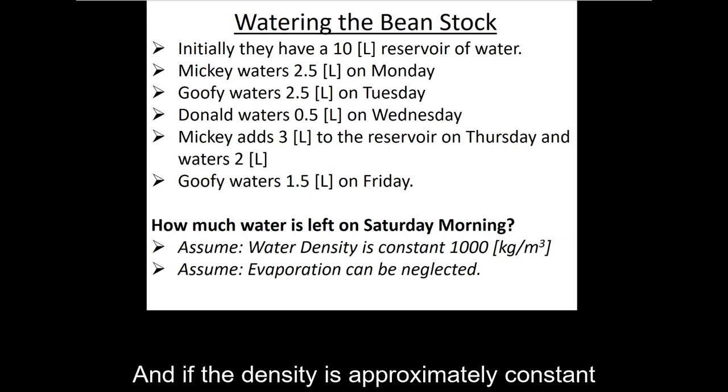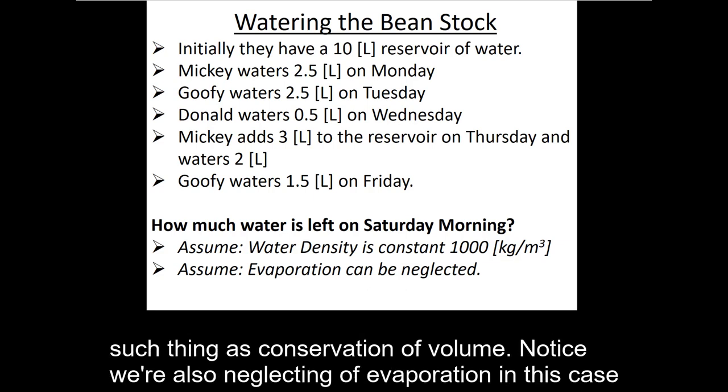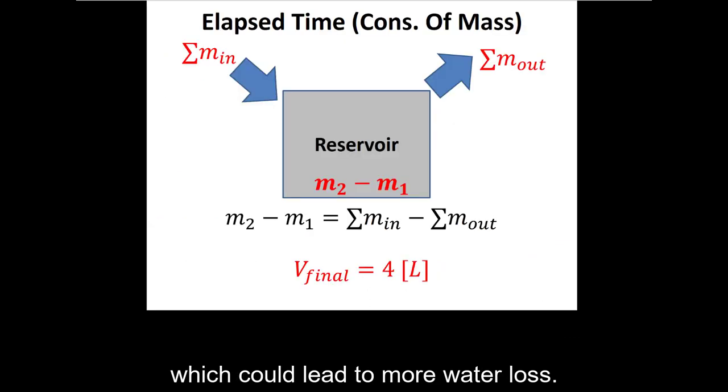And if the density is approximately constant, then your volume ends up being conserved. But that's only because mass is conserved. There's no such thing as conservation of volume. Notice we're also neglecting evaporation in this case, which could lead to more water loss.